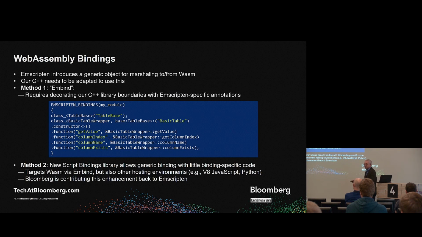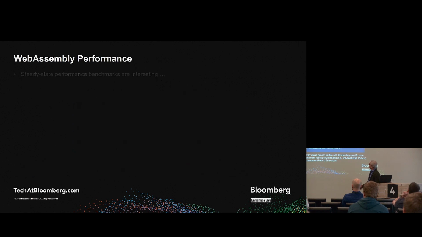I had a slide on it, but I thought I'm too scared to talk about it. So find the Bloomberg guys if you want to understand how this works. But it's allowed us to build a generic binding layer that can target WebAssembly bindings, V8 JavaScript bindings, Python bindings, and so on for our C++. And we're contributing this back to the Emscripten folks so they can make this more generally available.